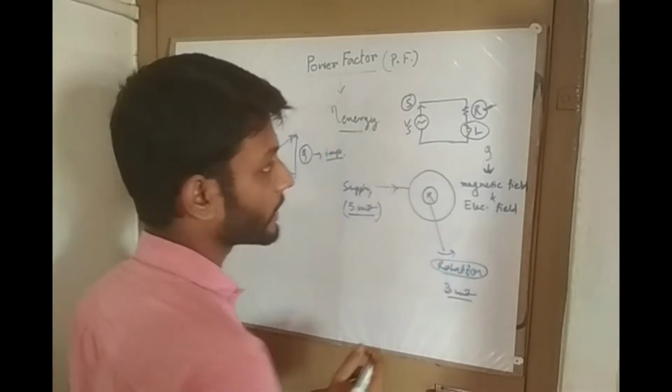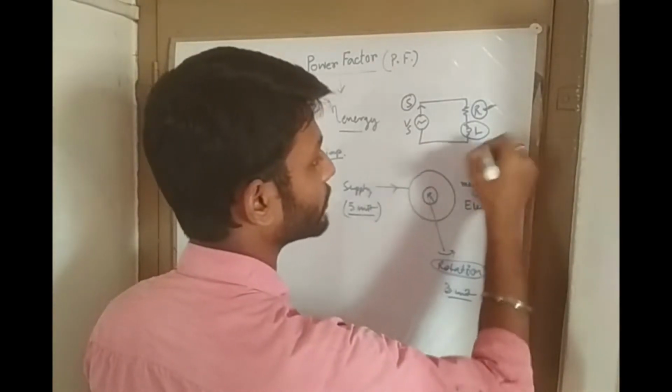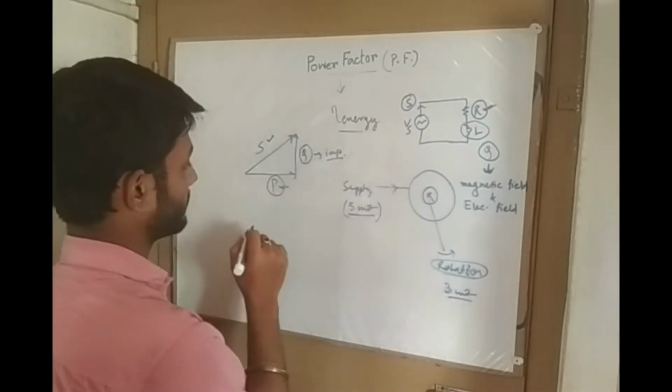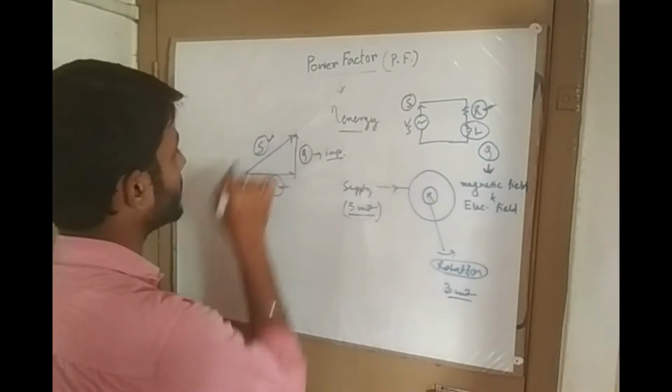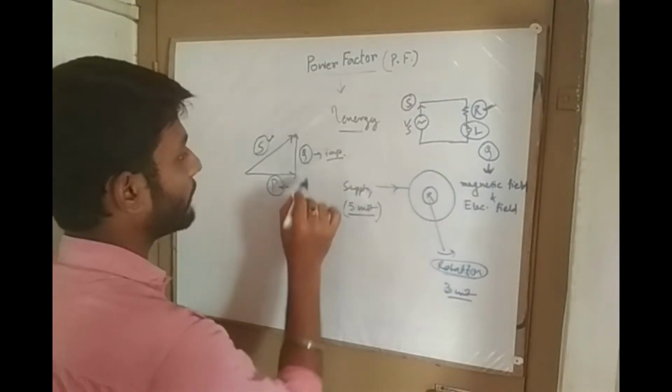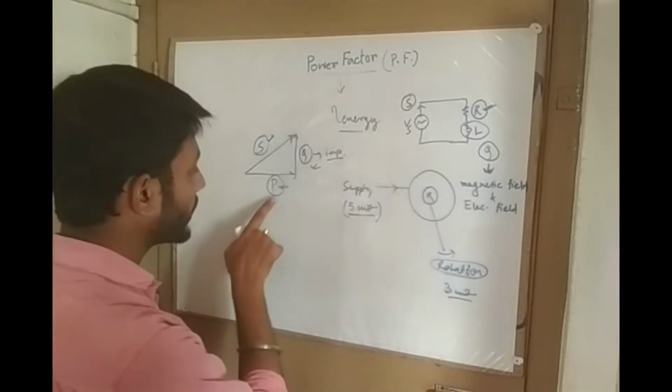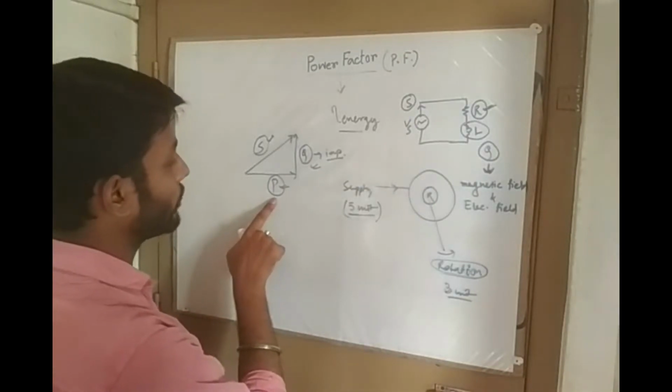There this Q is being used. Our achievement is this P only, and we have to give the supply this S amount, but this Q has also an important role to get this P amount as outcome.